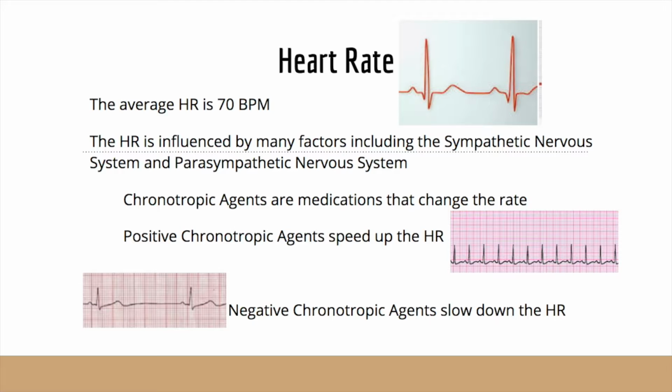There are some drugs that can affect the heart rate, and we call those chronotropic agents, medications that change the rate. If we want to speed up the rate, those medications are called positive chronotropic agents, and if we want to slow down the heart rate, those are called negative chronotropic agents.